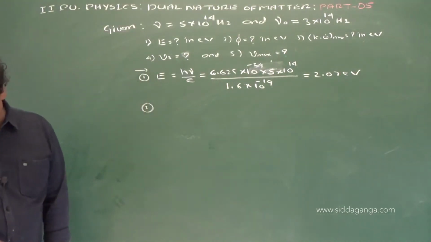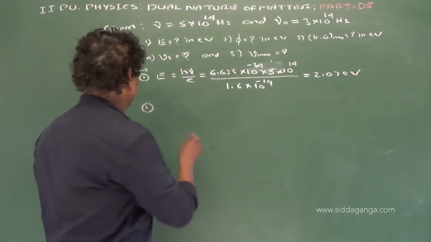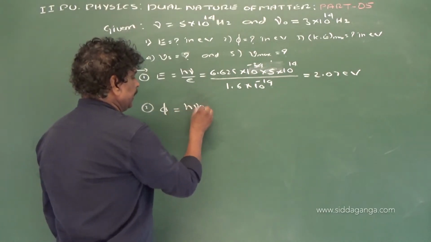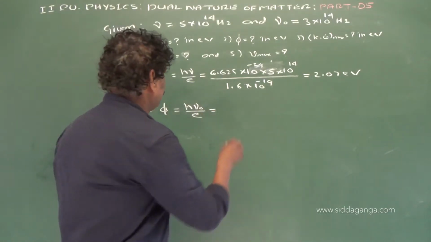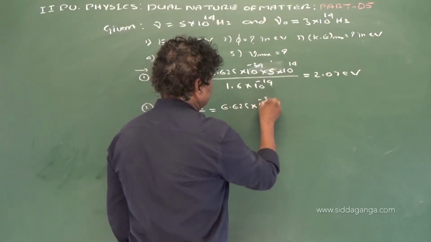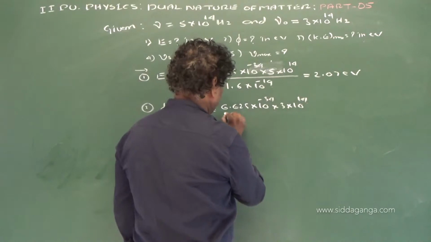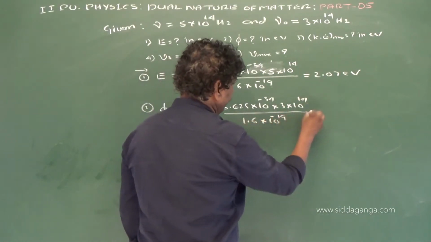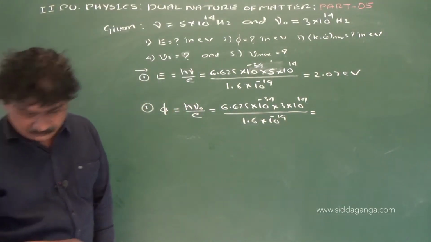Now the second one, photoelectric work function. Phi is equal to h nu naught by e, that is equal to 6.625 into 10 power minus 34 into 3 into 10 raised to the power of 14 divided by 1.6 into 10 power minus 19, that comes out to be equal to 1.24 eV.